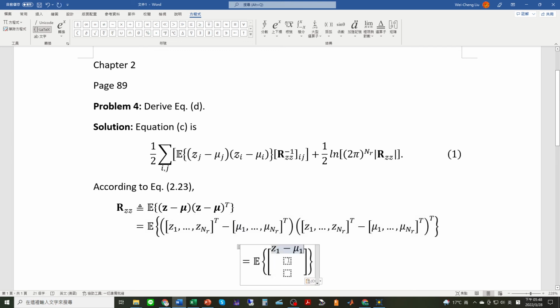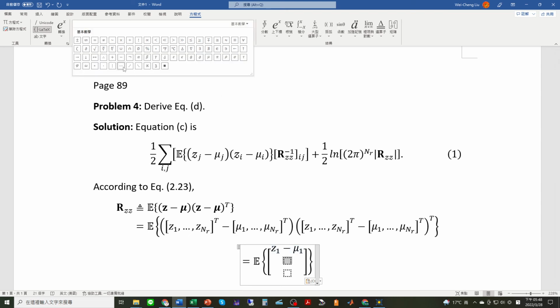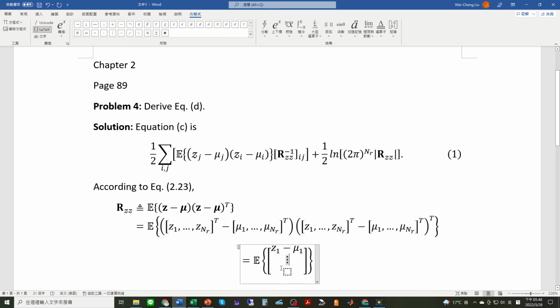The second term must be vertical dots. And the final term will be znr minus mu nr. Okay, like this.